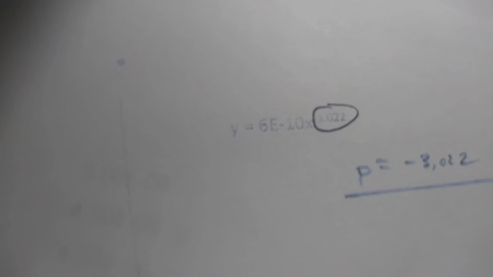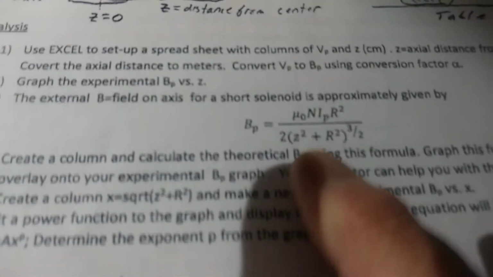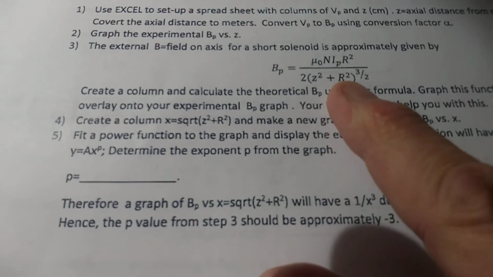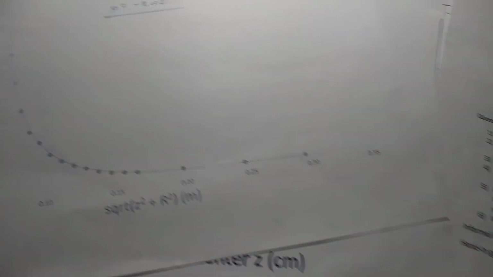When you display the equation here, it will show up as a constant times x to some power. The power p is what you're interested in. Let me draw this out for you.